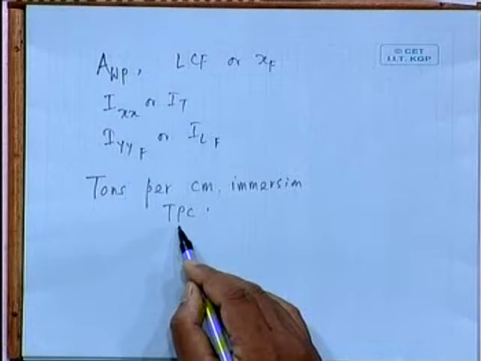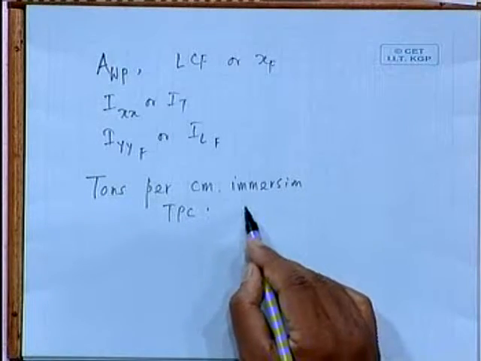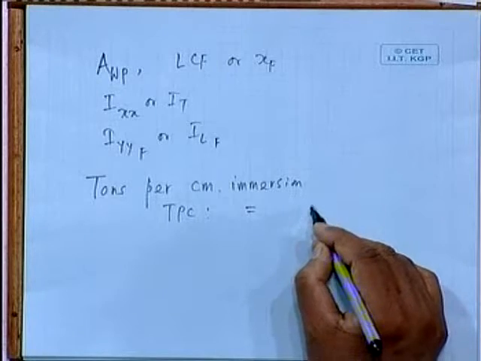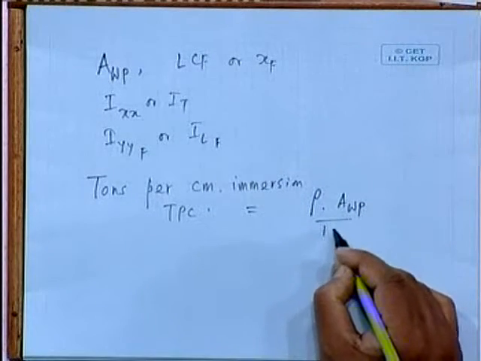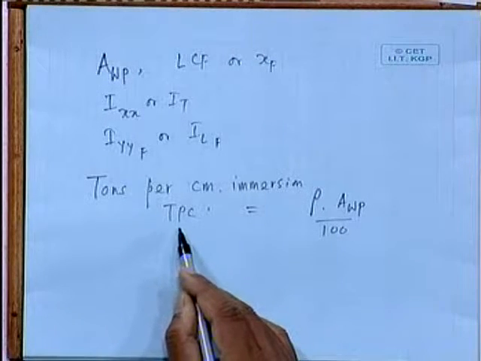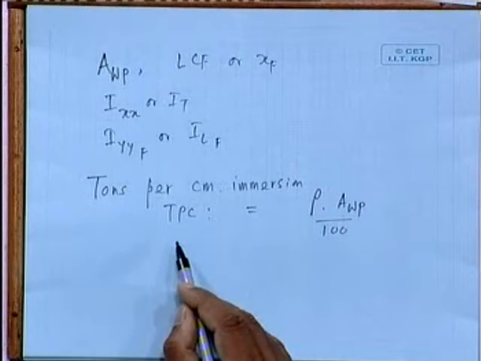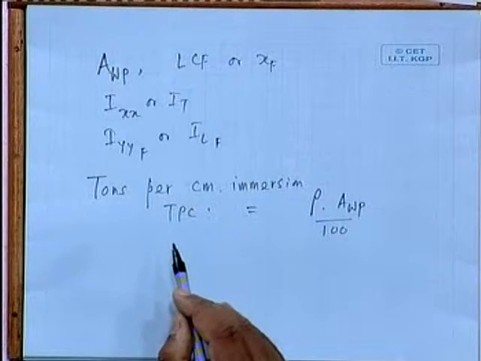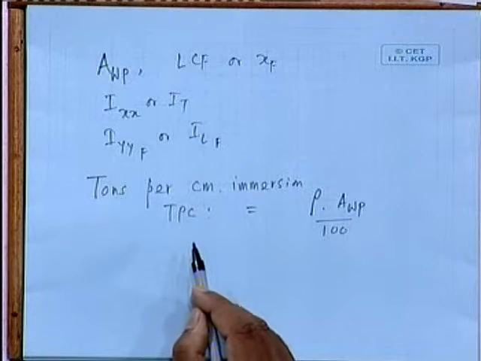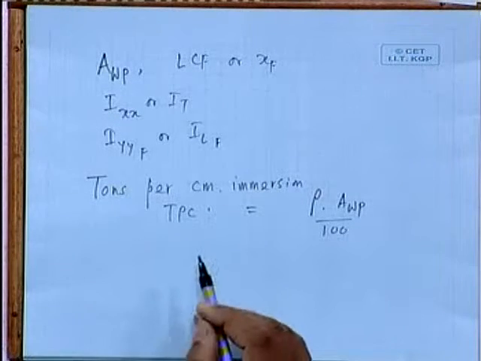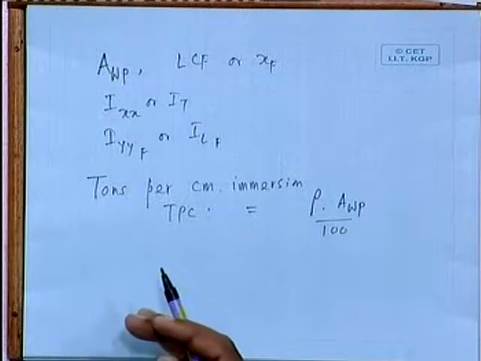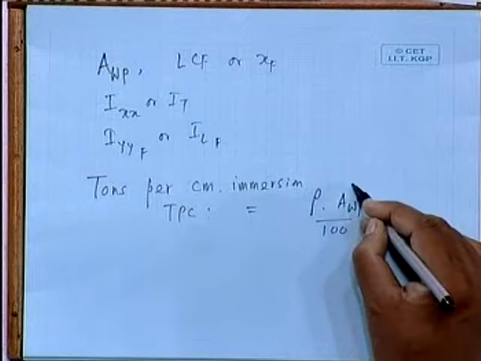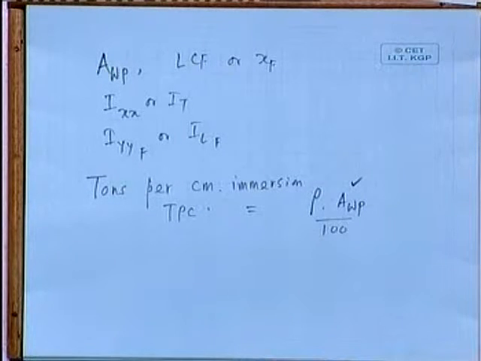But right now I will tell you that TPC becomes equal to rho into area of water plane divided by 100. Basically it means how much tons you require in order to sink the ship by 1 centimeter, or how much tons you require to remove for the ship to come up by 1 centimeter. This is TPC. So I calculate this, therefore it comes in directly here.